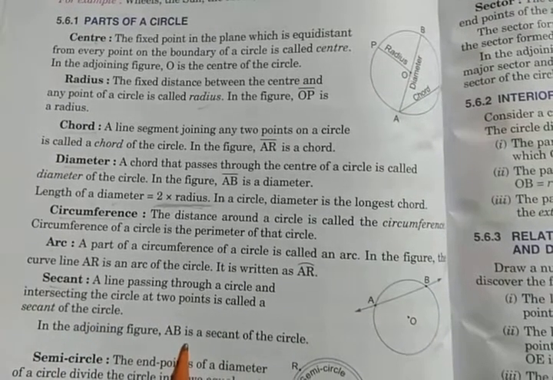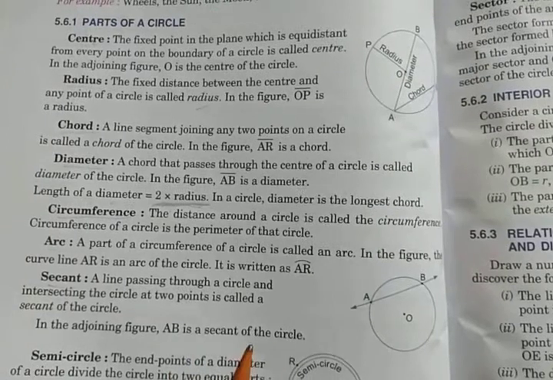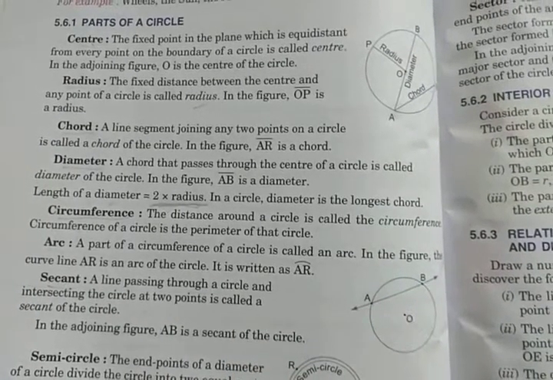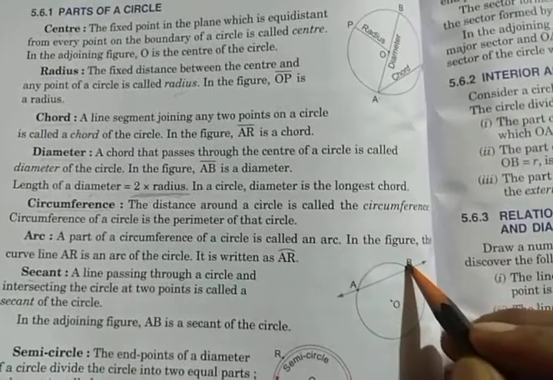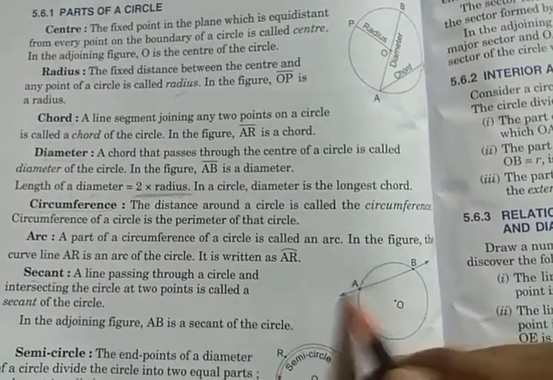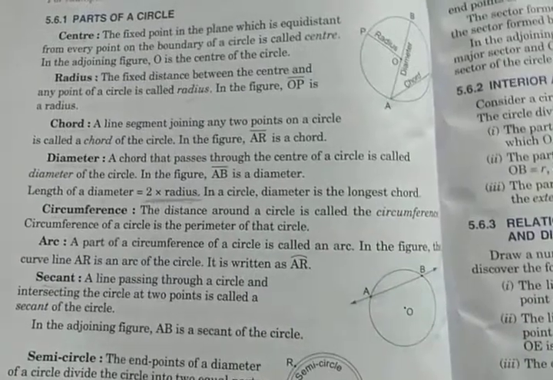In the adjoining figure, AB is a secant of the circle. This is arc AB and this line is called secant.